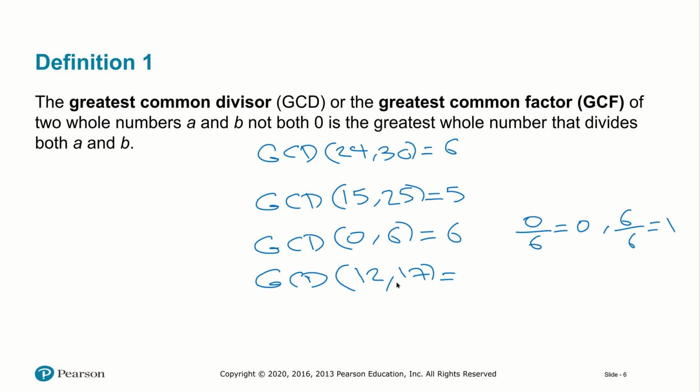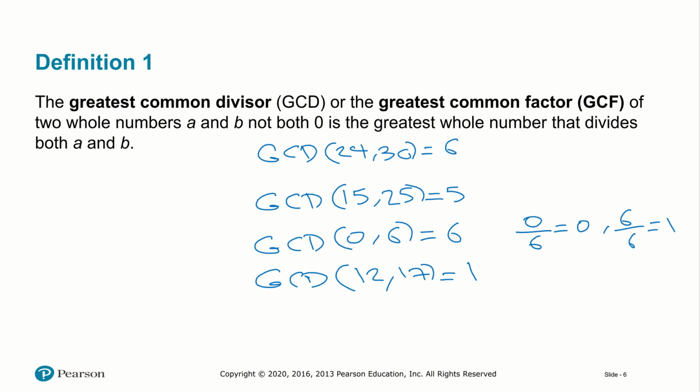So the only common factor these two have is in fact 1, because you remember, the worst case scenario for GCD is 1. You can't do worse than 1, right? Because 1 goes into every whole number, right? So here, when we have two numbers like this, we know that the GCD is going to be 1.